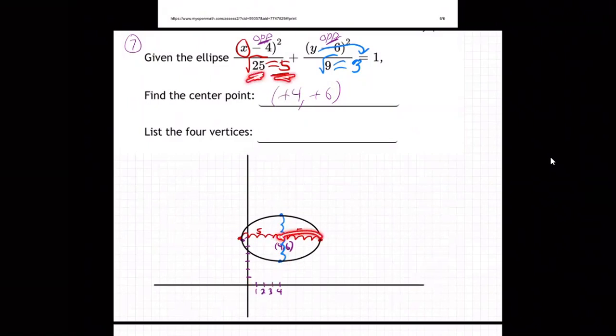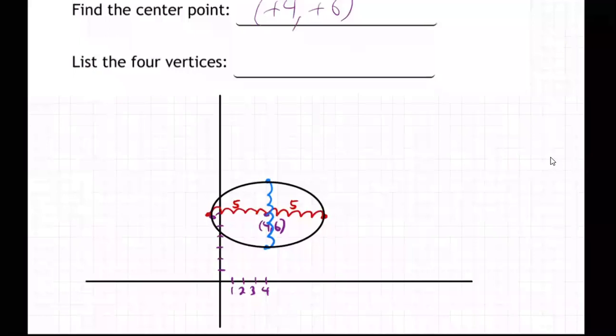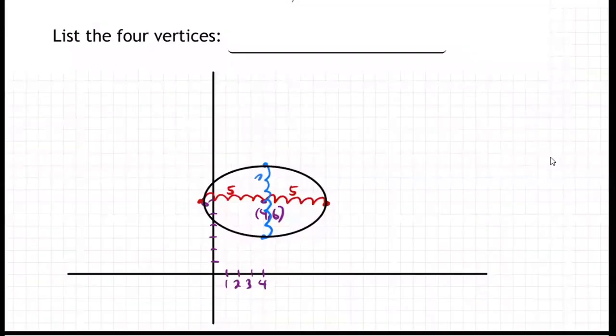So from that center, I went right 5, left 5. And then whatever's underneath Y, 9. Square root of 9 is 3. From the center, go up 3, down 3. Let me put the 3's on there, so it's clear what we did. We went up 3, down 3, and right 5, left 5 from the center. And then those are the four vertices, they call them.